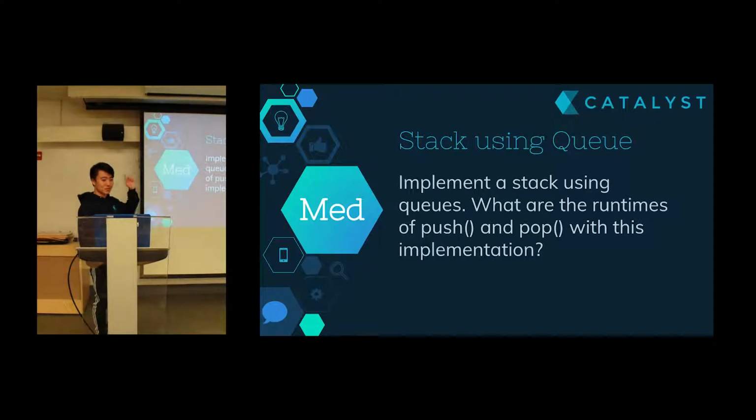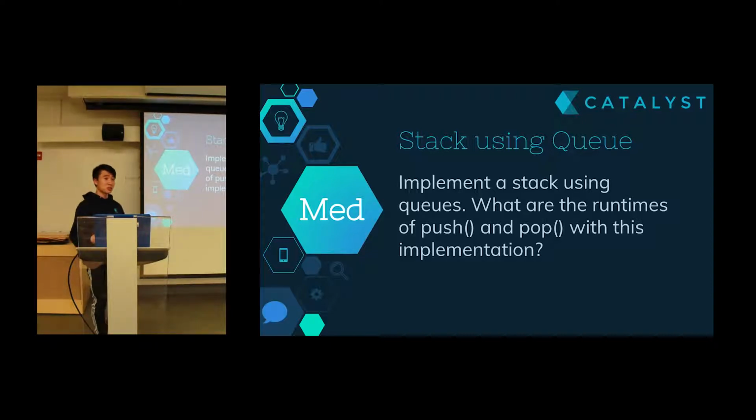We're going to implement stacks using queues. So you can have any number of stacks or any number of queues that you want, and you want to be able to implement a stack using it. So you might not be able to get O(1) runtime for both push and pop. You probably won't. It just seems like they're two entirely opposite data structures in terms of their goals.